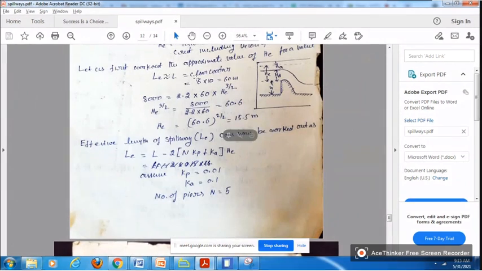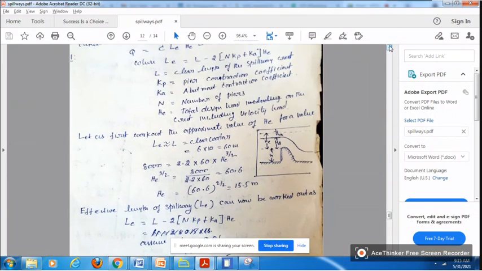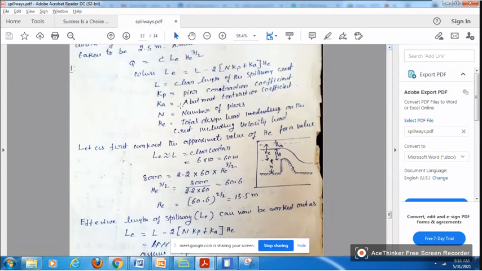What is the clear length? 6 spans, each span 10 meters width, so 60 meters. Then you substitute here in this equation. We have assumed effective length is equal to clear length, so substitute 60 here. Q is equal to, we know, 8000.